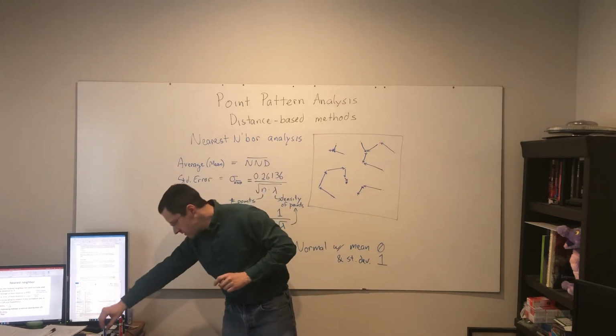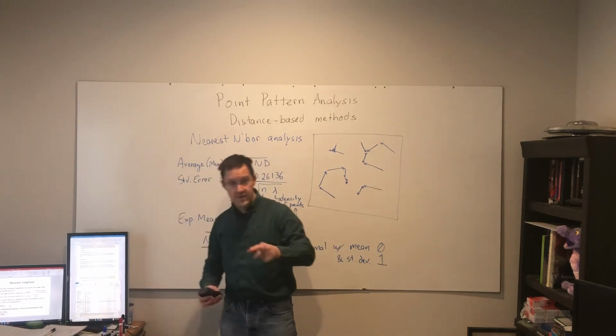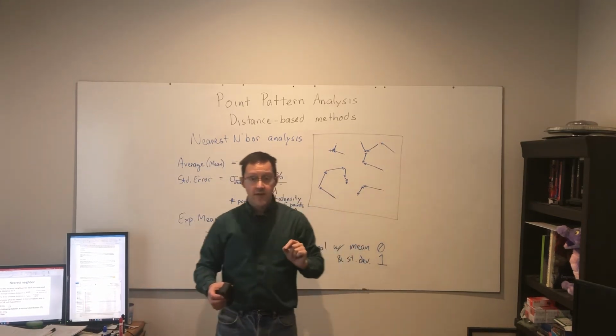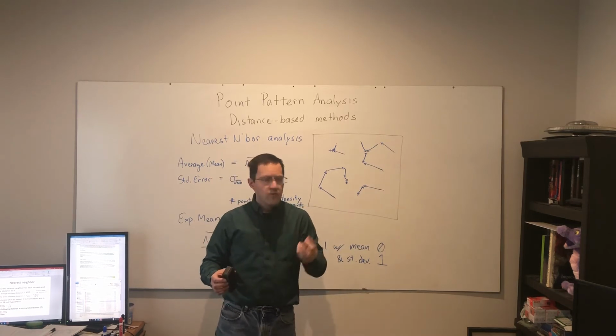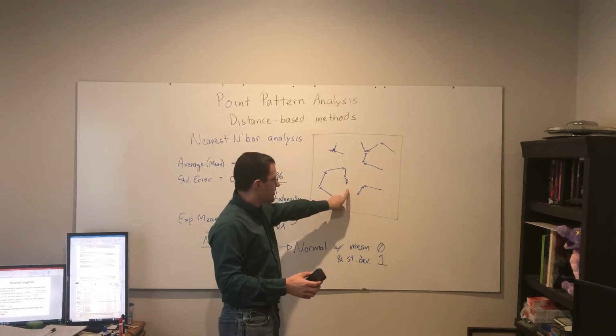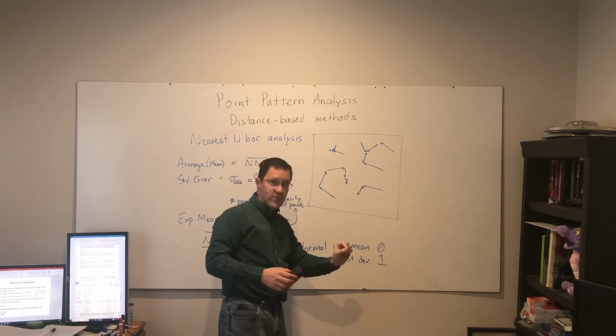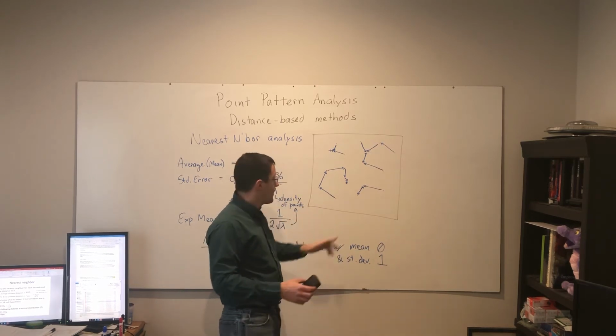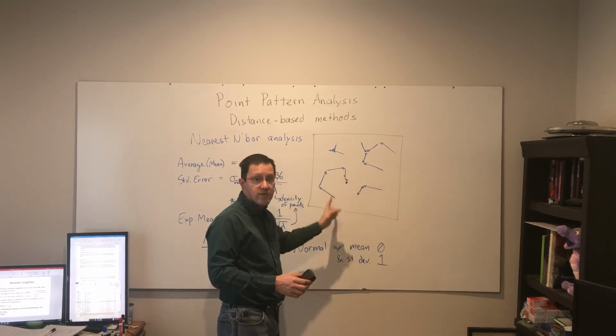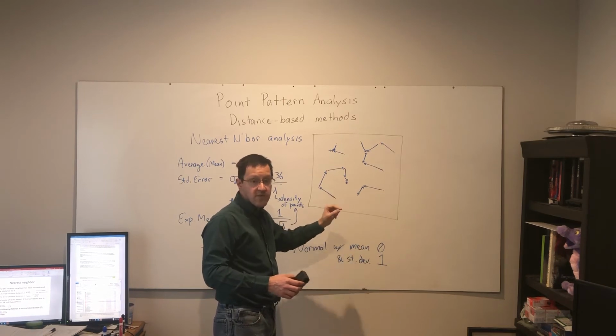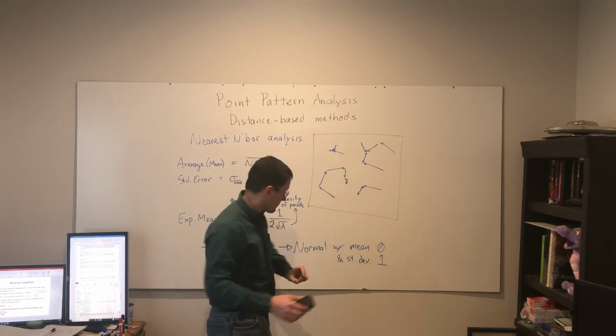Now, one limitation of this is that we're only using the distance to the closest, the nearest neighbor. There are a lot of different pairs of points here, a lot of distances that we are not using.